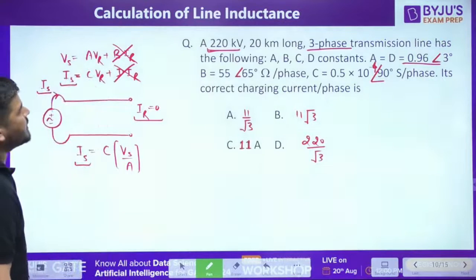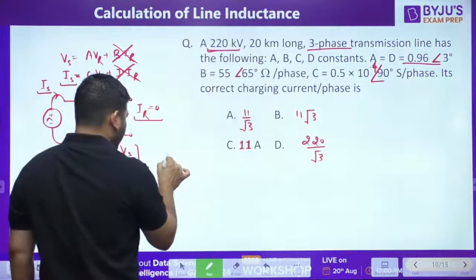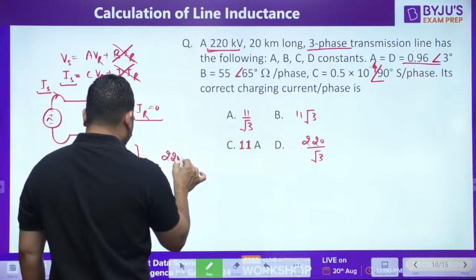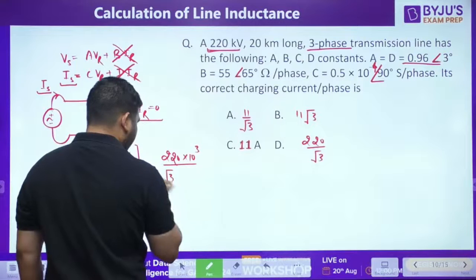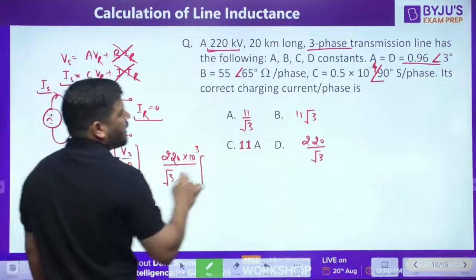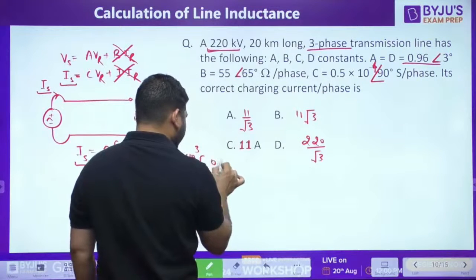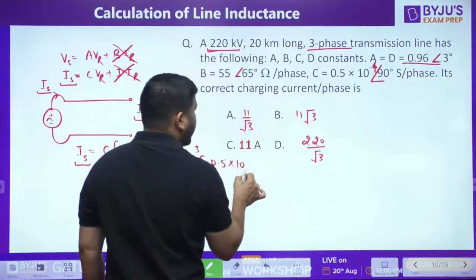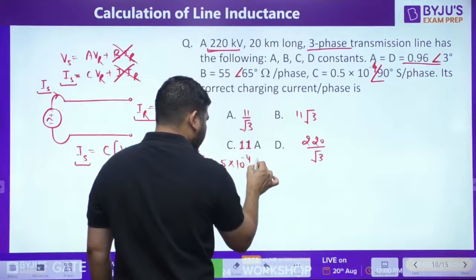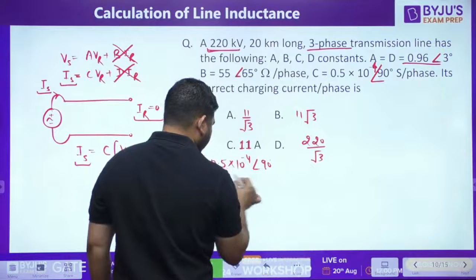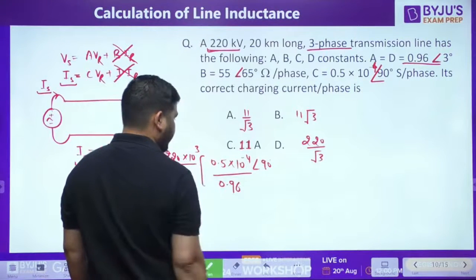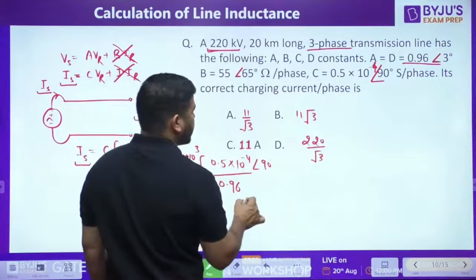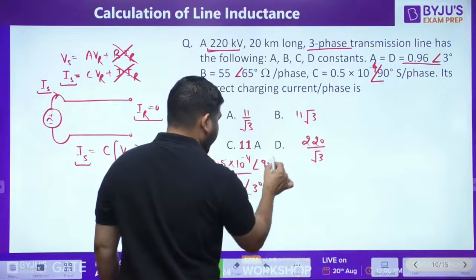Now tell me guys, if this is the sending end voltage, 220 into 10 raised to power 3 divided by root 3 you can take. And C upon A. C is given as this 0.5 into 10 raised to power minus 4 angle 90 divided by A. A is given as 0.96 angle 3 degree.